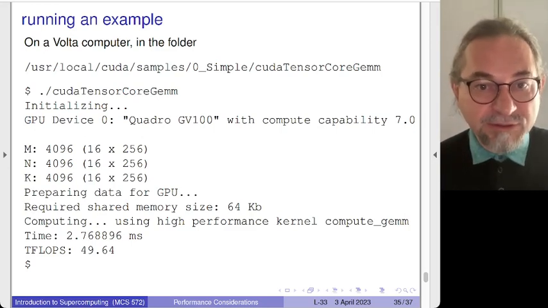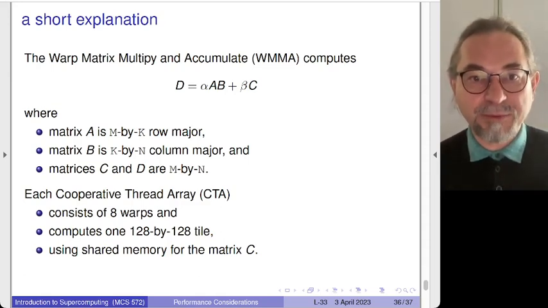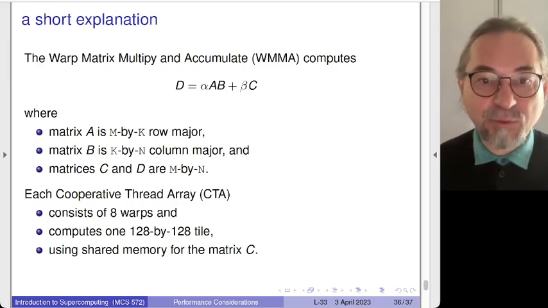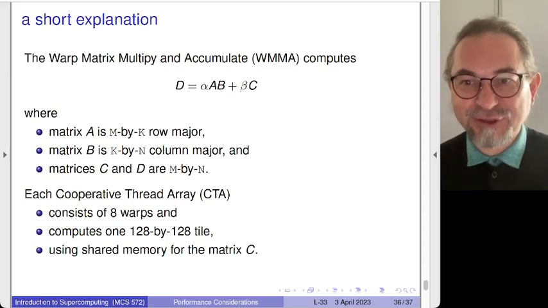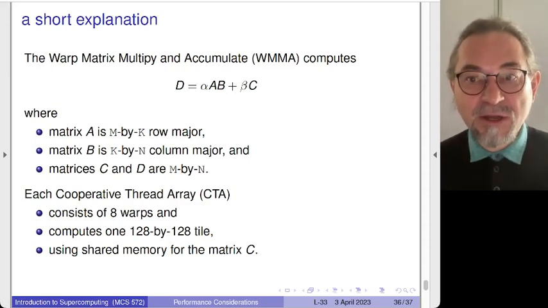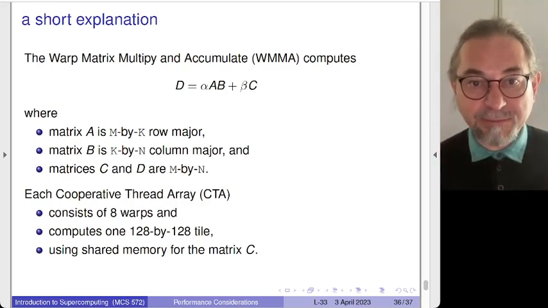Okay, so what did it do? Here is the last slide. It does a warp matrix multiply and accumulate. I had to look up what the CTA is. It's not the Chicago Transit Authority, but a cooperative thread array. What is very beneficial from what we have gone through in this course is that we already understand the benefit of storing row-wise or column-wise. In the fragments, one can define whether it is row major or column major.